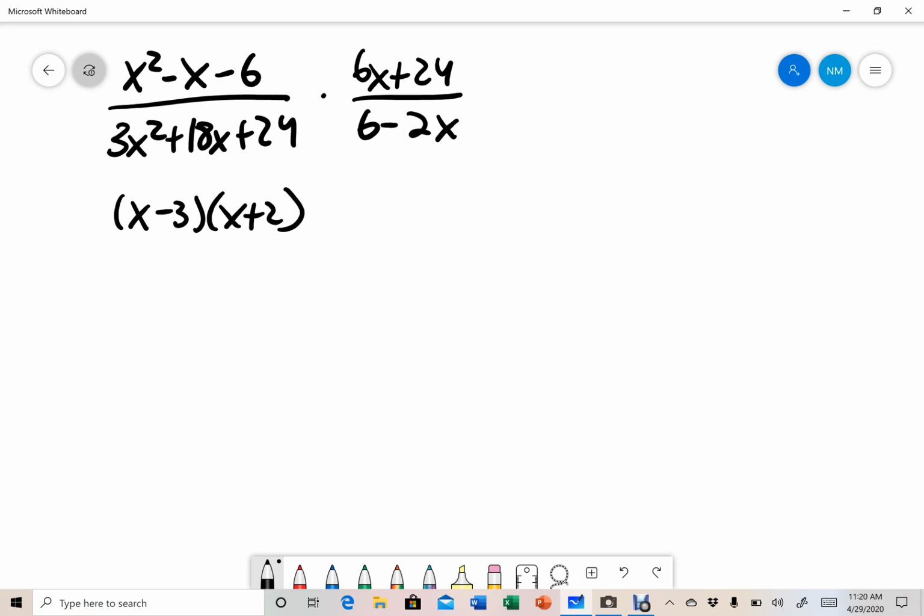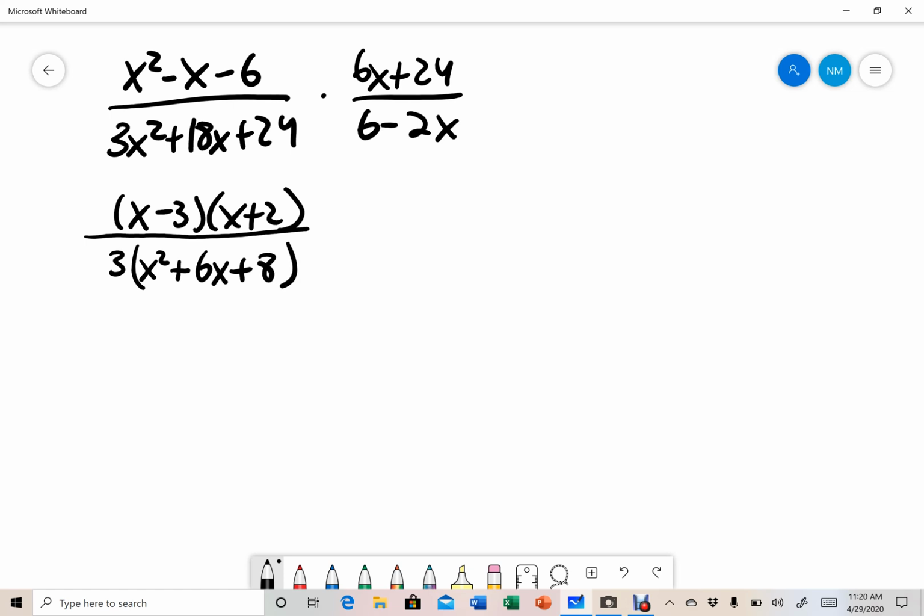And then 3x can be factored out of all of this down here, leaving me with x squared plus 6x plus 8.